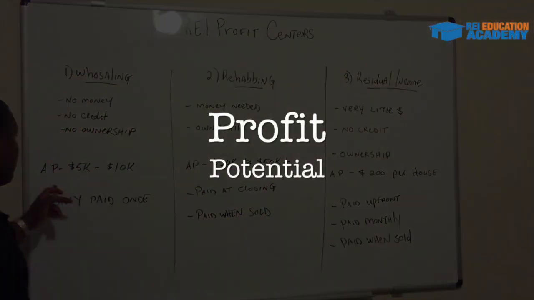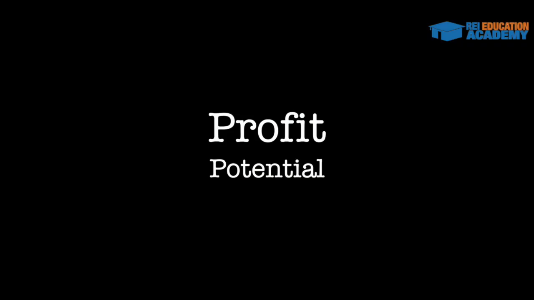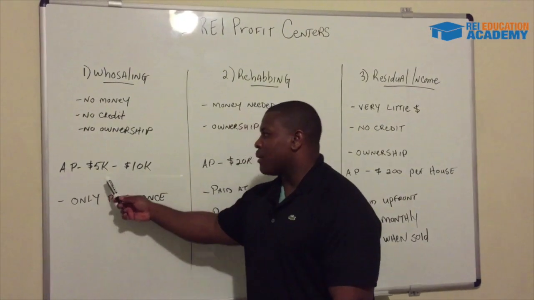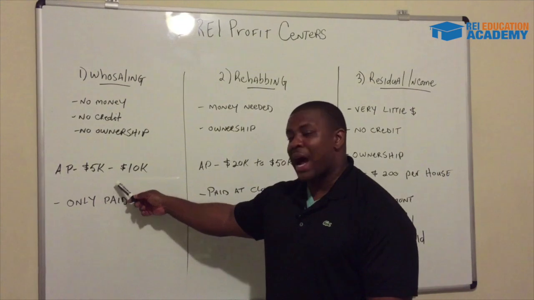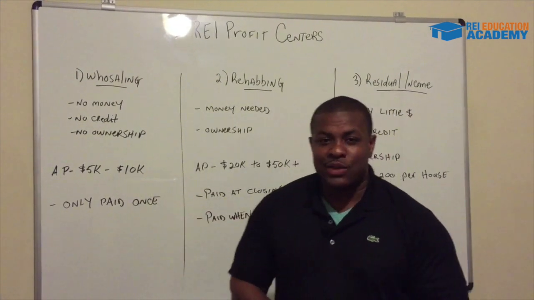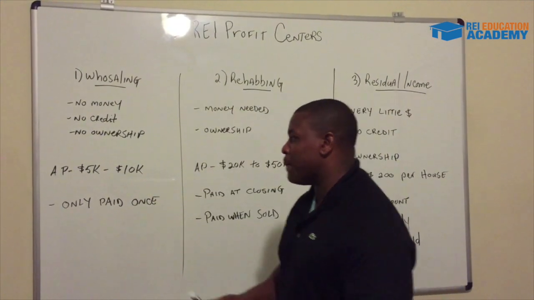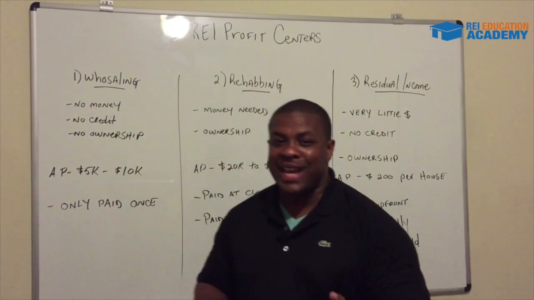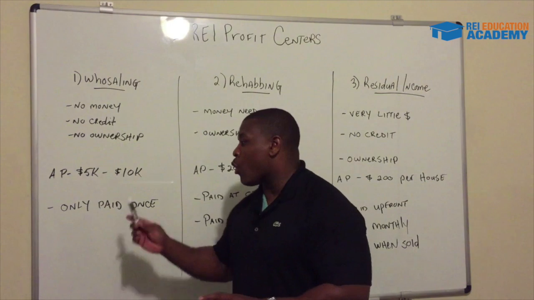Okay, now the profit potential when it comes to wholesaling real estate is basically somewhere in the neighborhood of $5,000 to $10,000. That's the average profit on a wholesale deal. Okay, $5,000 to $10,000 on a wholesale flip.